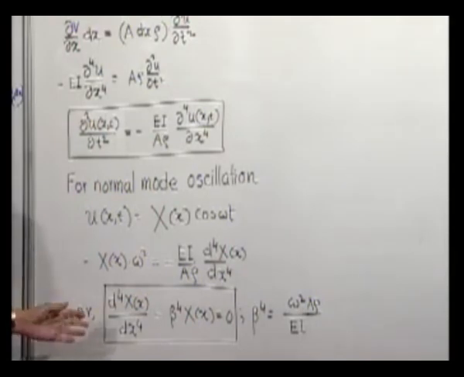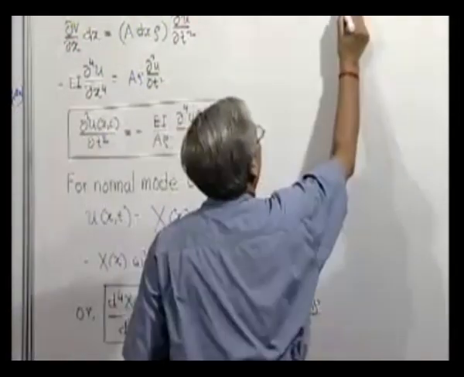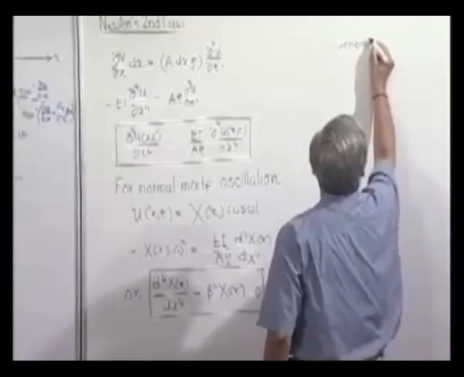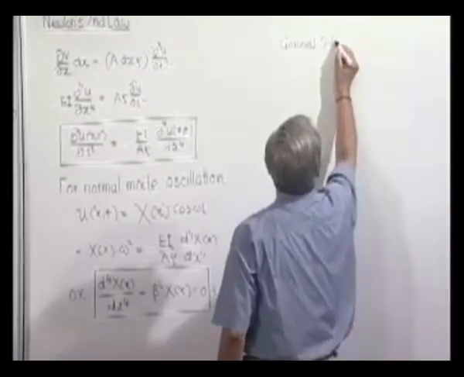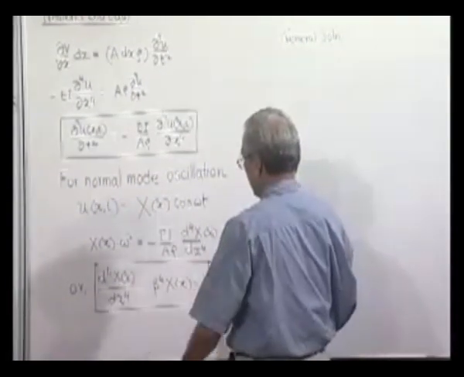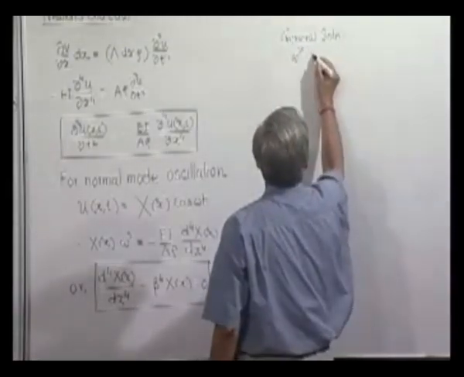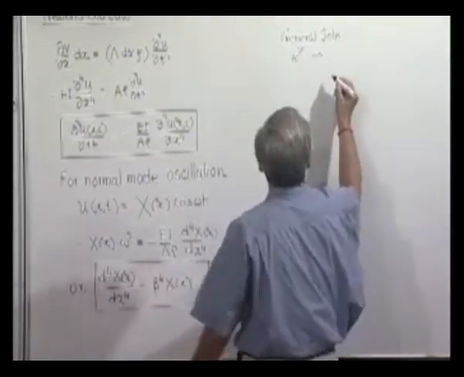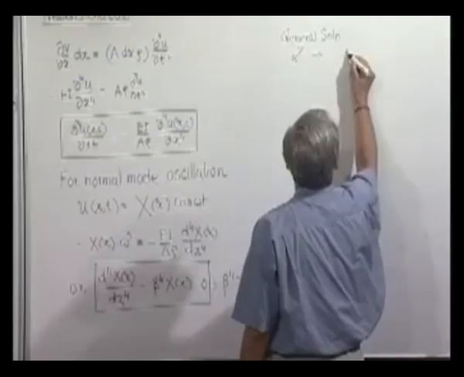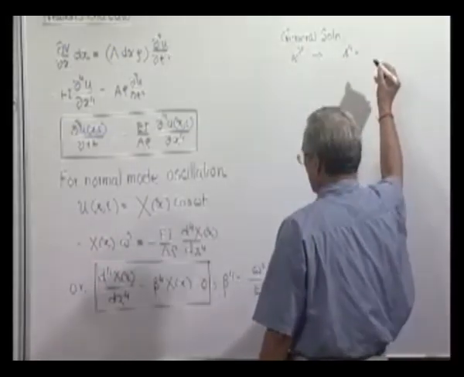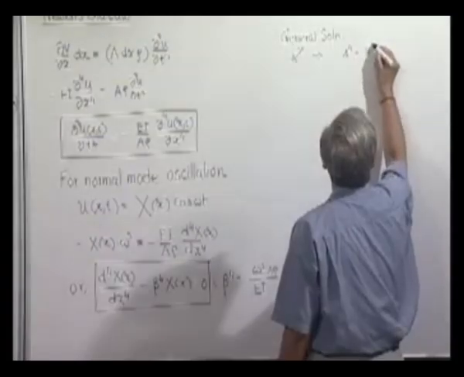And the general solution: if we take an e to the power st form of solution, then that gives us the characteristic equation s to the power 4 equal to beta to the power 4.